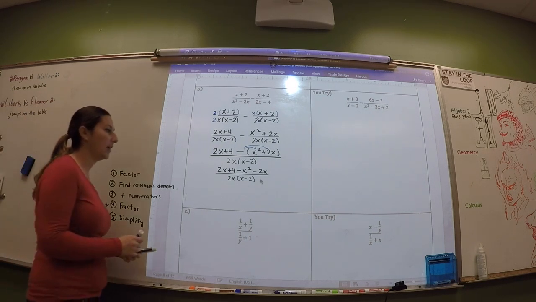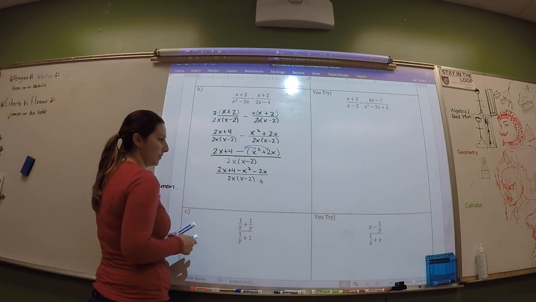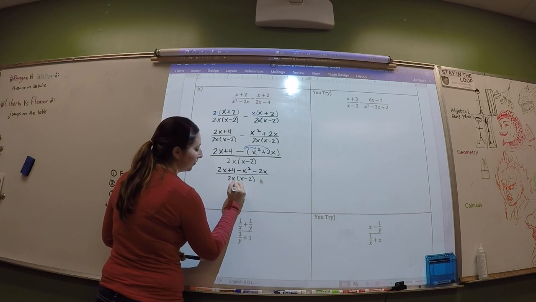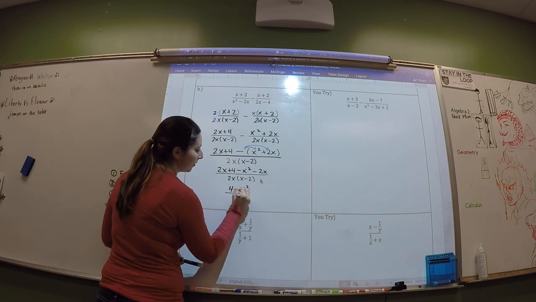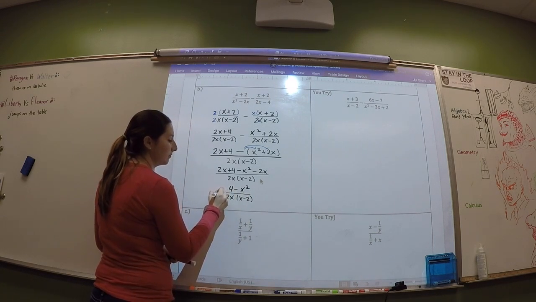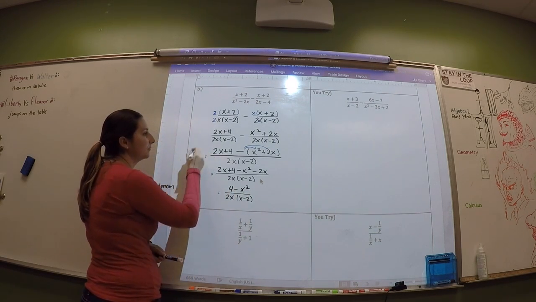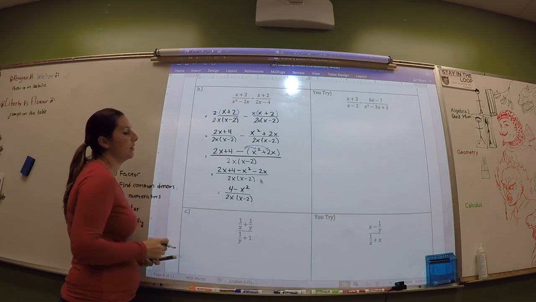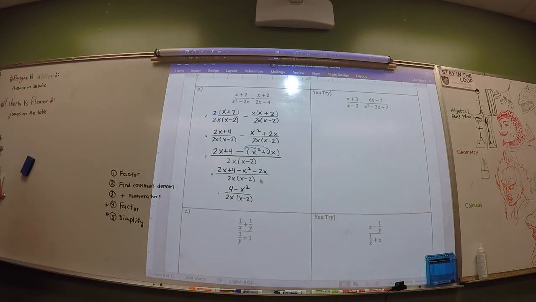So simplifying, the 2x and the negative 2x make 0, so I have 4 minus x squared over 2x times x minus 2. And then that you can actually factor. So we did some of these in the last section.